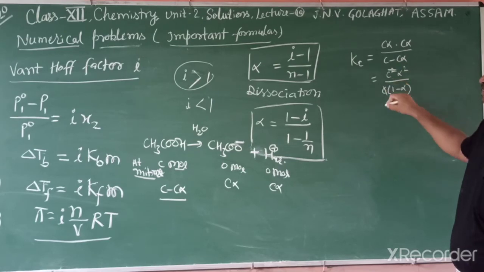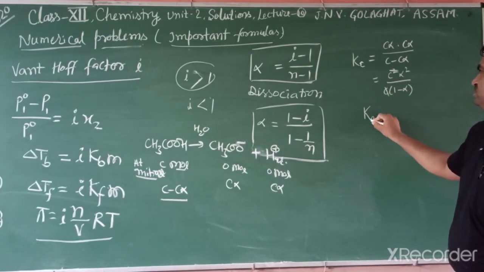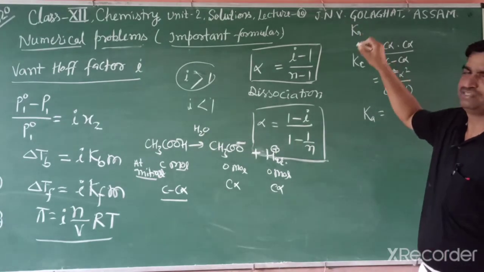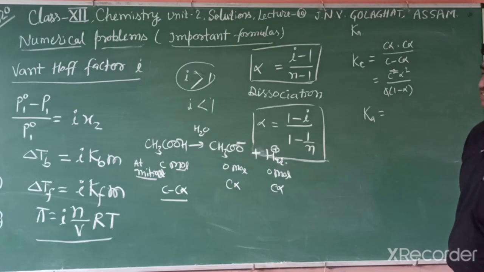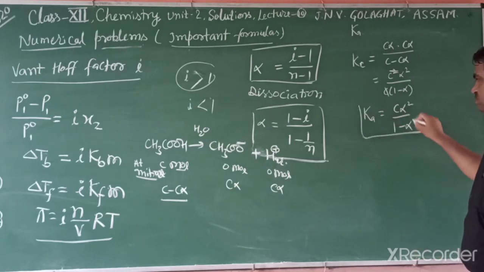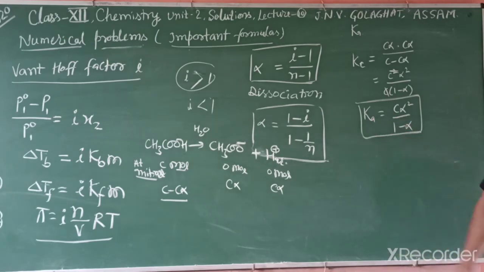So we write Ka or Kc, the dissociation constant of the acid, equals C alpha square divided by 1 minus alpha. By this we also solve numerical problems on the equilibrium constant.